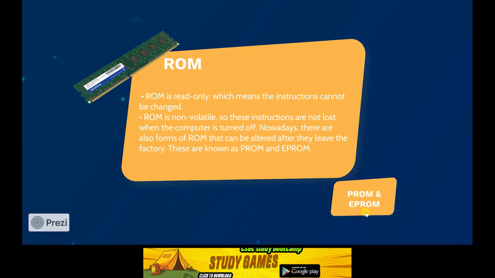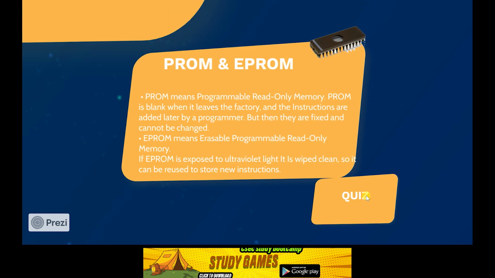Let's look further at ROM. ROM, once again, stands for read only, which means the instructions cannot be changed, hence the reason it's called read only. ROM is non-volatile, so these instructions are not lost when the computer is turned off.